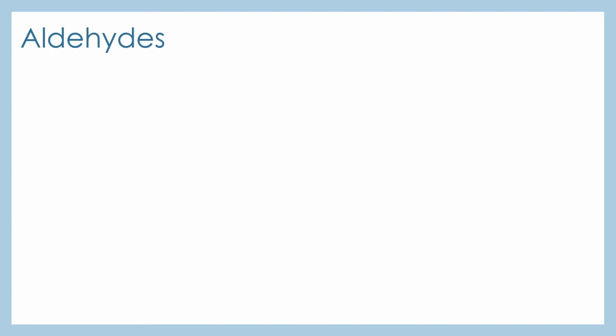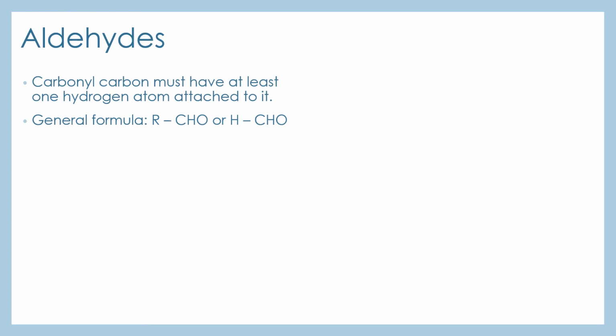So let's look at one of the carbonyl-containing functional groups, the aldehyde. For a functional group to be an aldehyde, the carbonyl carbon must have at least one hydrogen atom attached to it. The general formula for an aldehyde is RCHO, where the CHO represents the aldehyde functional group. You can also have HCHO.